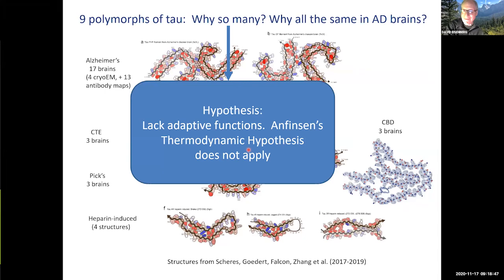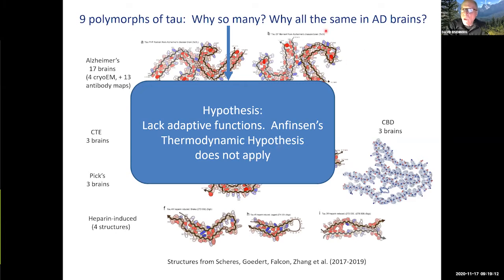Of course, we need that for our other globular and membrane proteins. We can't have cytochrome C that folds into 9 different structures. We need the same structure in each cell. So it looks as though these amyloid polymorphs are not evolved structures. So that seems to be why they can fold in different ways.